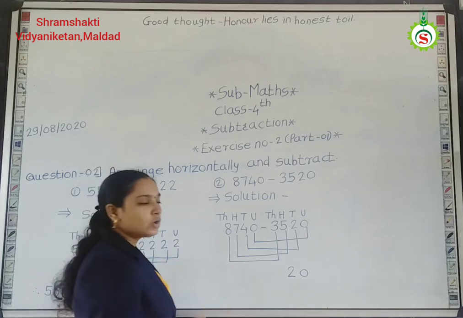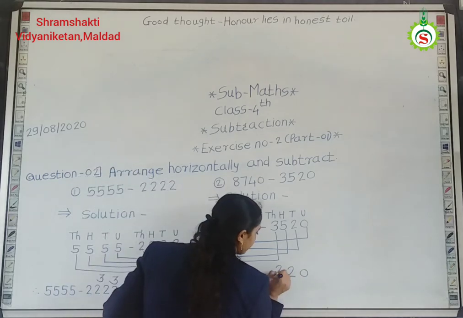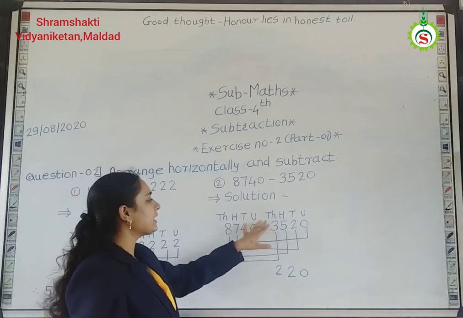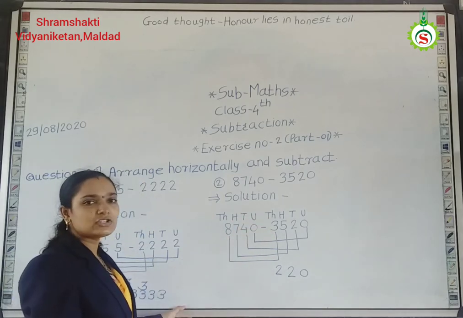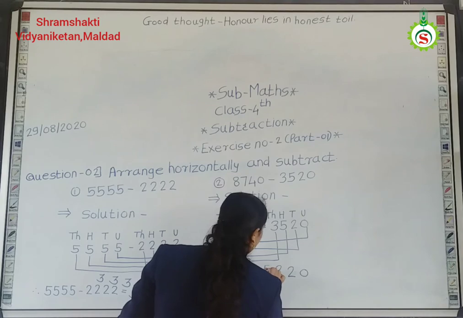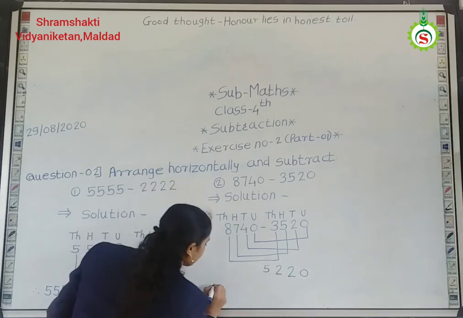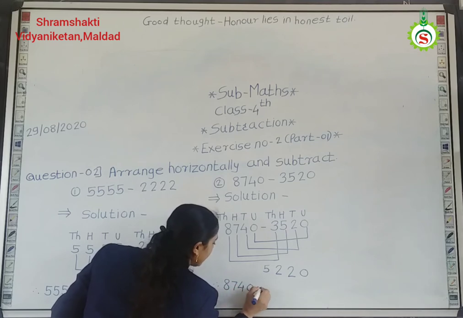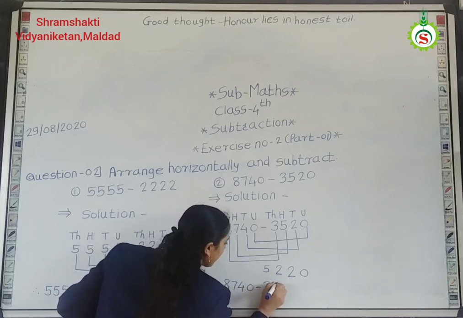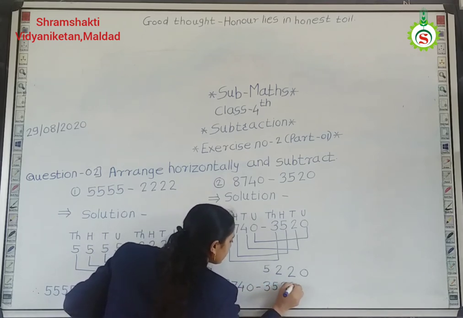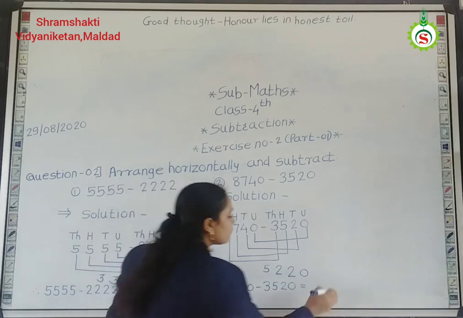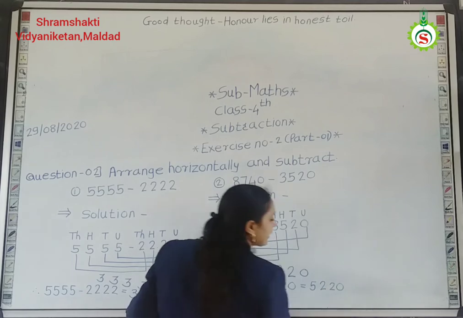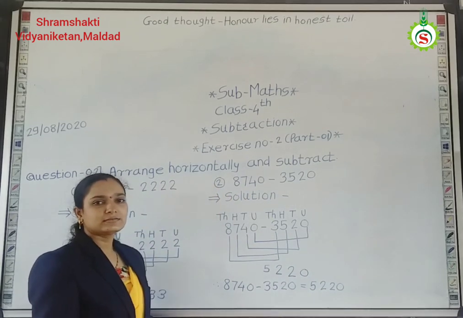How much? 2 hundreds. Then 8 thousands minus 3 thousands. How much? 5 thousands. Therefore 8740 minus 3520 is equal to 5220. Do you understand?